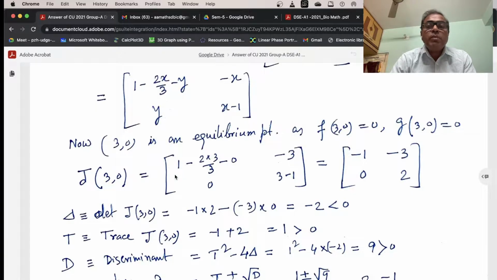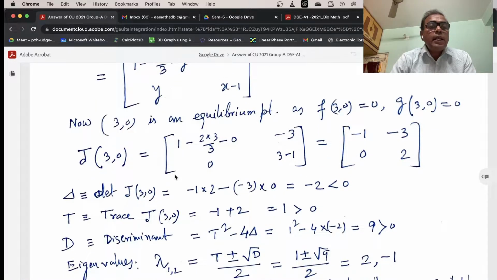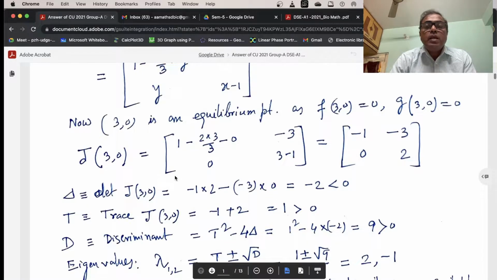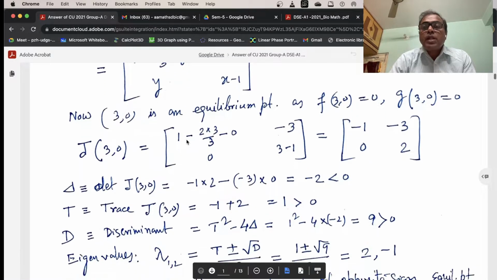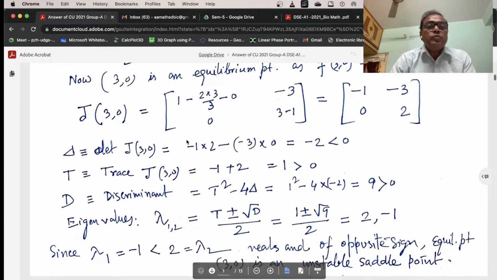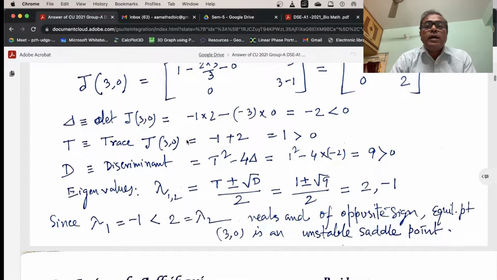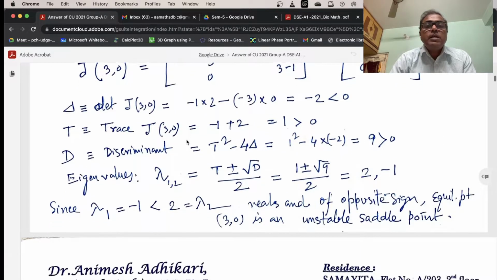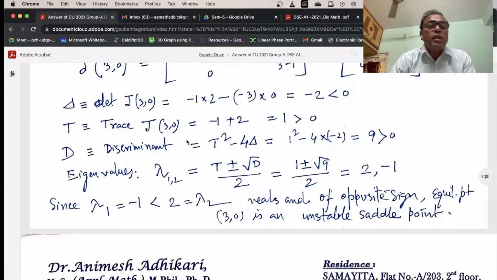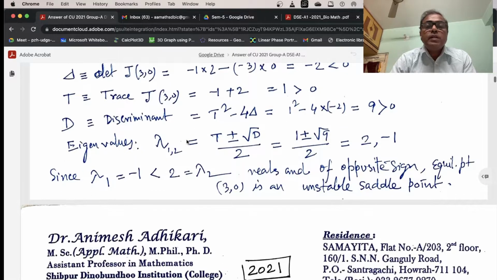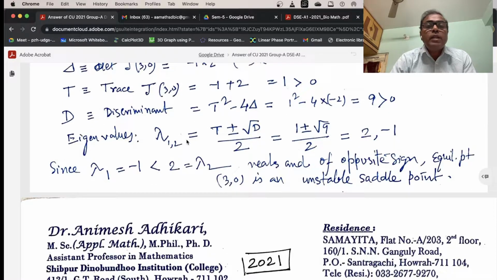So (3, 0) is an equilibrium point. Now J at the point (3, 0) is the matrix [-1 -3; 0 2]. So delta = -2, negative, T is the trace of J, which is positive 1, and the discriminant D = T squared minus 4 delta = 9, positive.